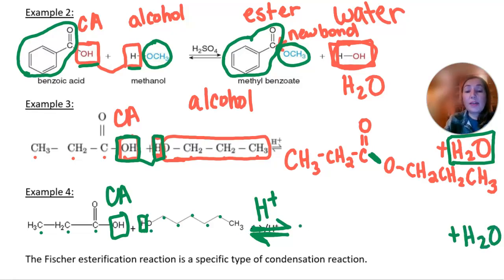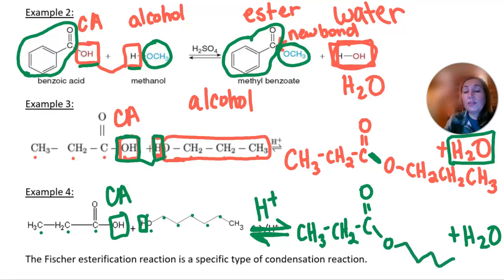And then we'll start copying our carboxylic acid, CH3, CH2, C double bonded to O, and then we'll copy our alcohol, our O, and then CH2, CH2, CH2, CH2, CH2, CH3. I'm just squeezing it on my screen like that. So our new bond here is again between the carbonyl C double bond O carbon and the adjacent oxygen. And then we've made our new ester linkage, or our new ester bond.